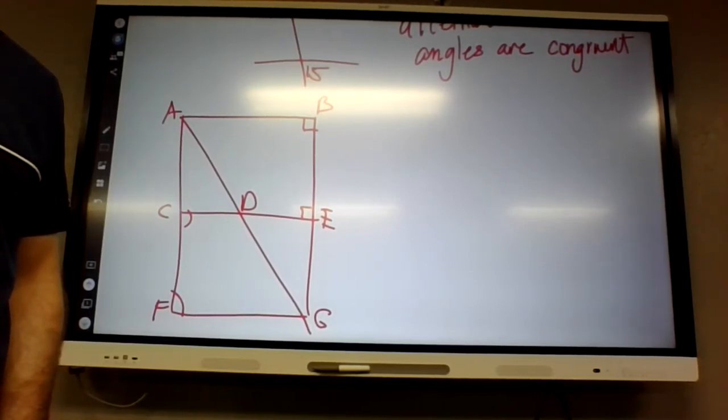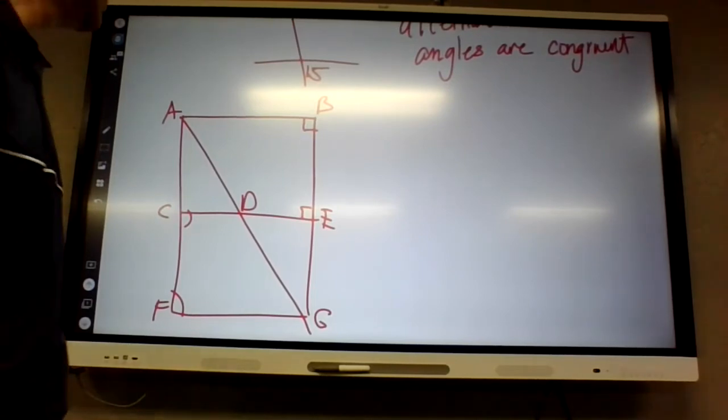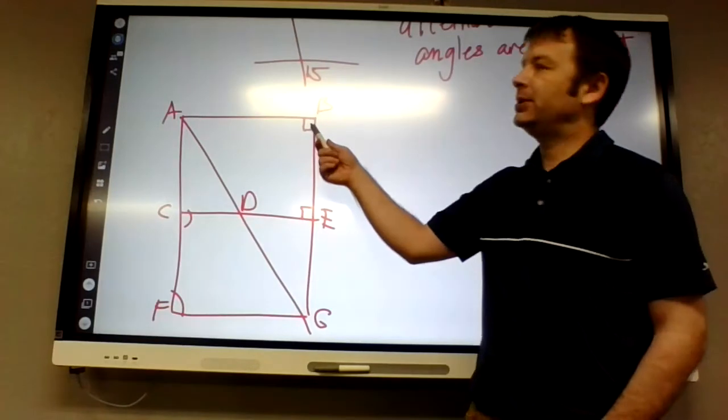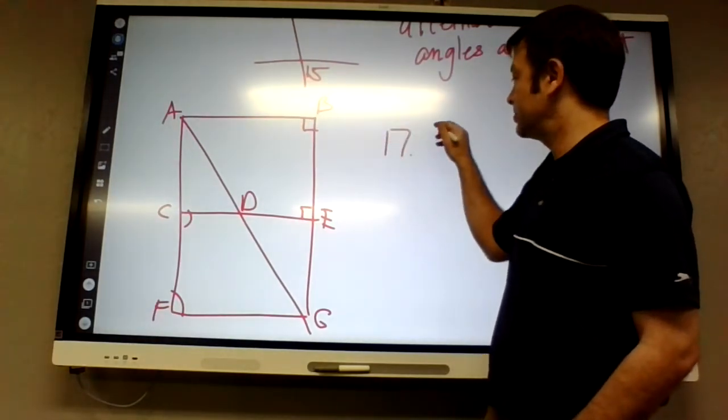Okay, number 17, what is the measurement of angle ABE? 90, because they told us those lines were perpendicular, so we know for sure they're 90 degrees.